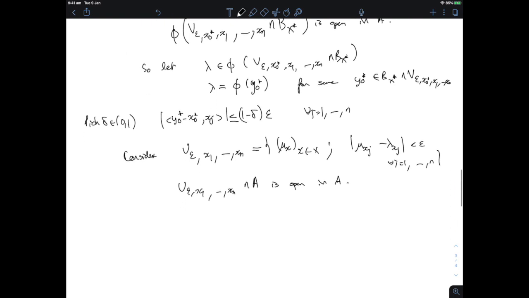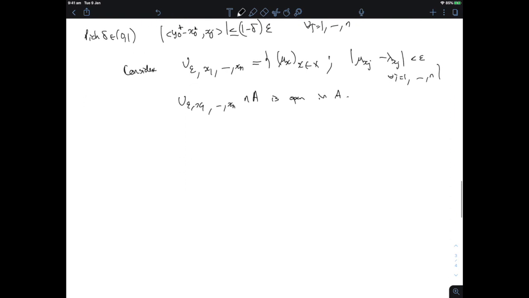So okay, let's do that. So take an element mu in u epsilon x1 till xn, and I have to show that it's in the right spot. So, this is in that intersected A, so I have a certain element y star in B x star such that mu is phi of y star.